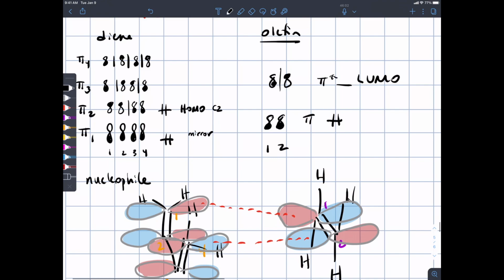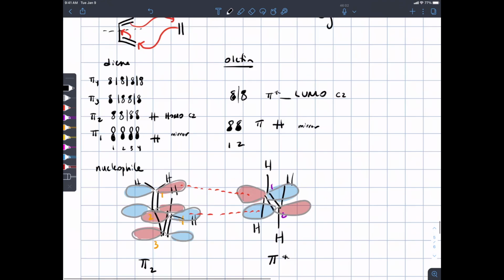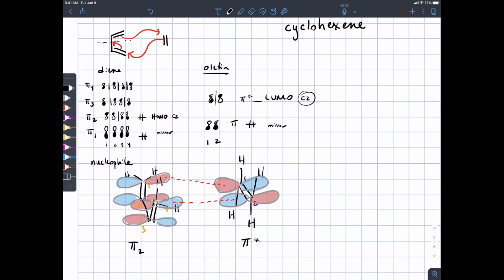Similarly, the pi star of the LUMO also has C2 symmetry, whereas the pi has mirror symmetry. So the LUMO and the HOMO have the same type of symmetry, which guarantees that their end carbons will overlap with each other in phase.